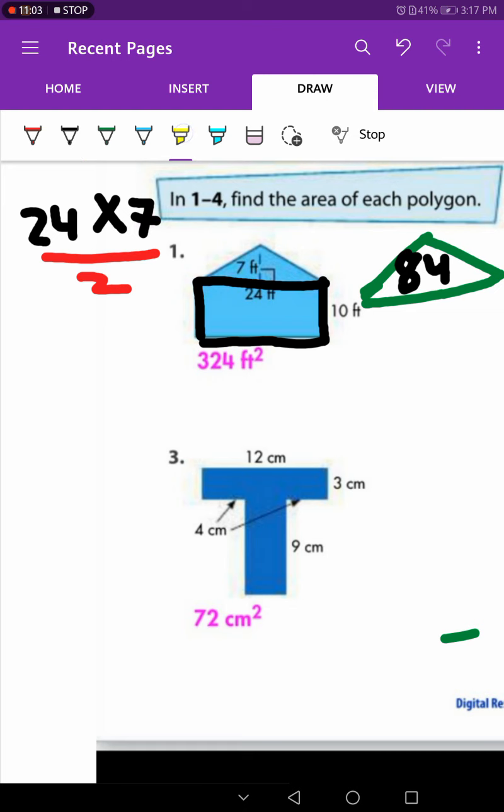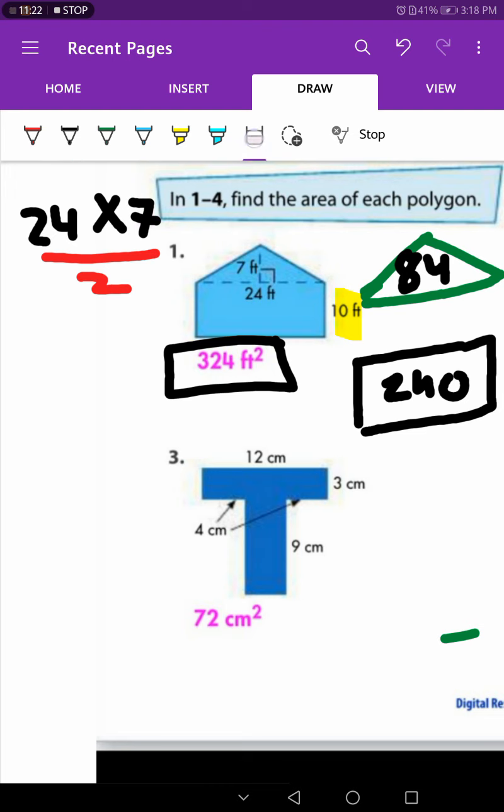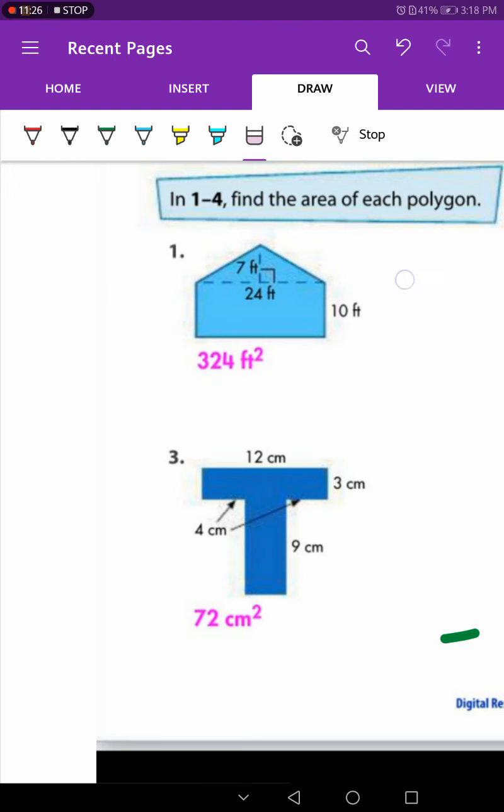Yes, it is 24 as you see and 10. Multiply them. 24 multiply 10, 240 feet square. Add them, you get 324.